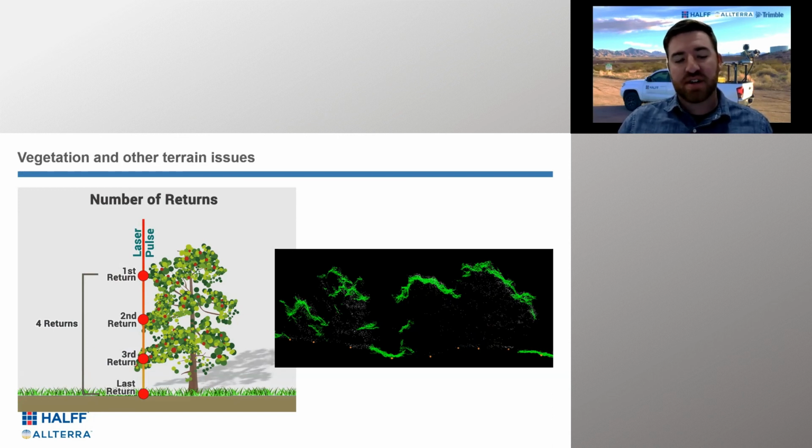Vegetation is always a concern, as I've said a couple of times. So one thing that's interesting for people to see is on the right. I'm not sure how clearly you guys can see it, but the green is photogrammetric point cloud, and the white, which is really hard to see, is a LiDAR point cloud.